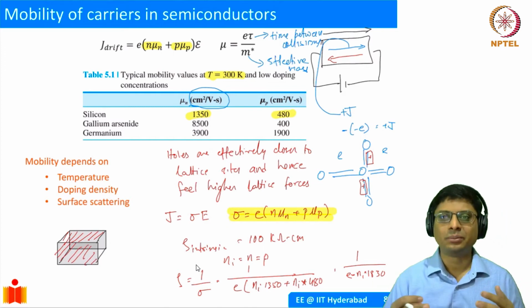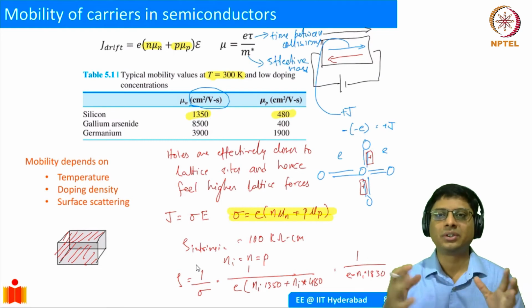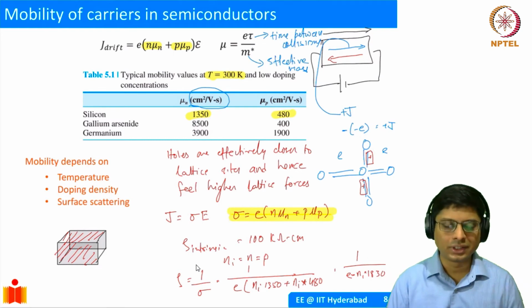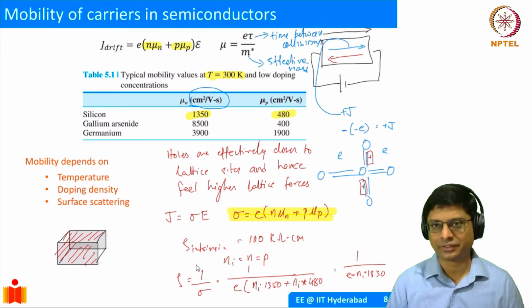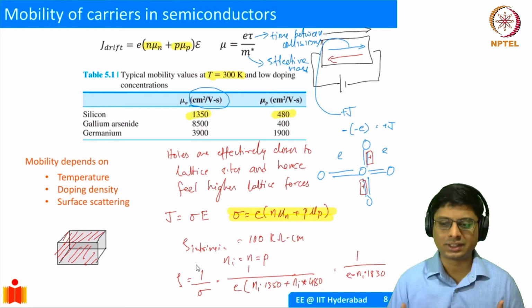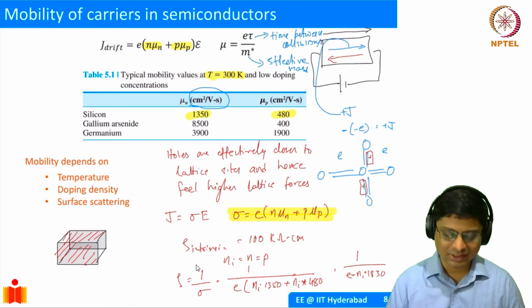Of course not, because on the surface you have unsatisfied bonds. They're not going to be like four covalent bonds, or eight electrons shared. It's not going to happen on the surface. We call them dangling bonds, some bonds which are unsatisfied. Because of that, it will not have the same mobility.